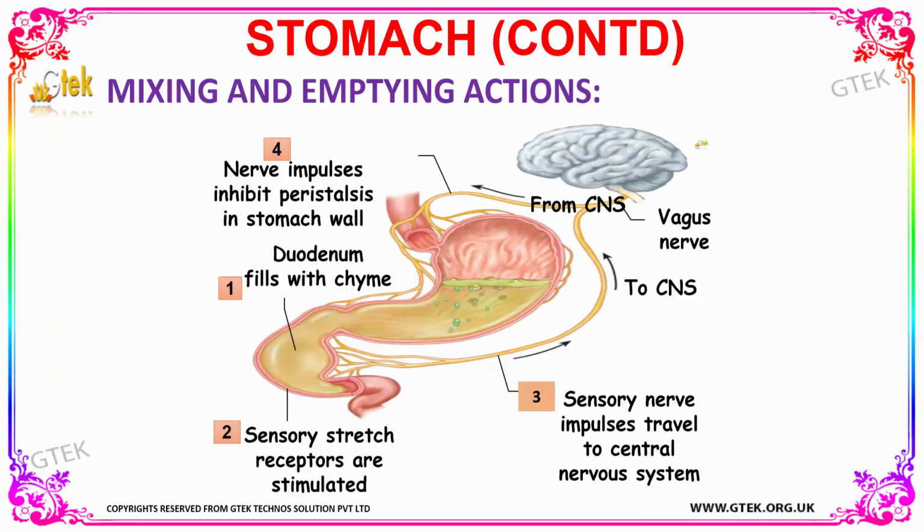And after your central nervous system receives the impulse, it sends signals to inhibit the peristalsis in the stomach wall. By which the chyme present in your stomach moves into your duodenum and empties the stomach.